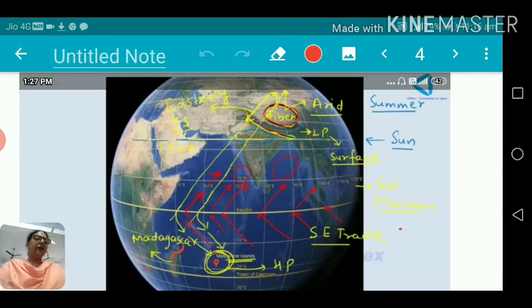Here, like I was going to tell you with this example, these winds are there from Tibet, right? A high pressure area is created there in Tibet. Winds rise upward, and due to these trade winds, they move a little higher and their direction changes, then they come downwards towards the equator in the same direction.